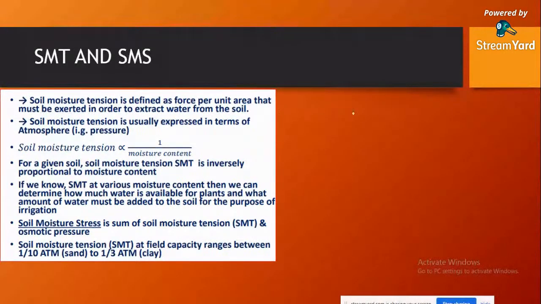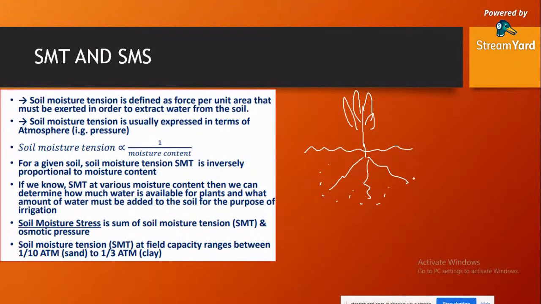Suppose this is my plant, this is my ground, and this is the root of the plant. The moisture will be retained in the voids of the soil. If the moisture capacity is less in the voids, the plant has to apply more tension or more force to extract the water from the voids of the soil.